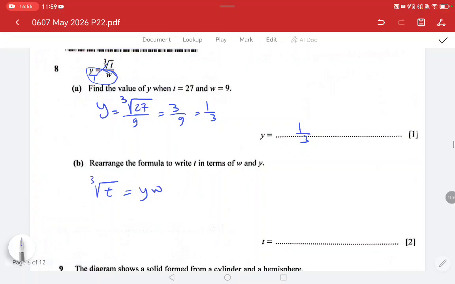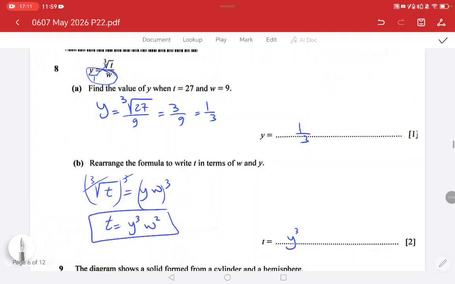Now, if you want to get rid of this cubic root, you cube both sides. So t equals y cubed w cubed. This is the answer, y cubed w cubed, or w cubed y cubed, it's the same. Next question.